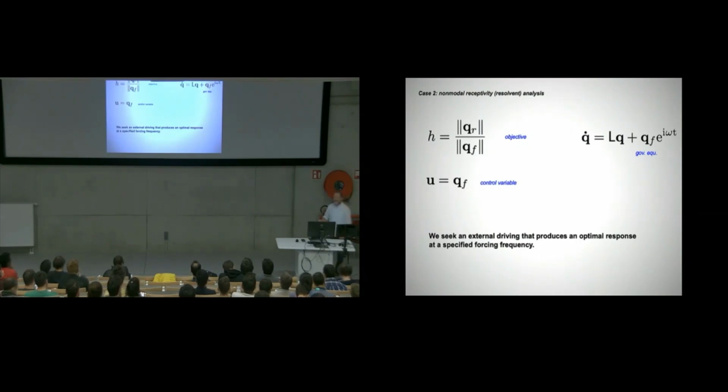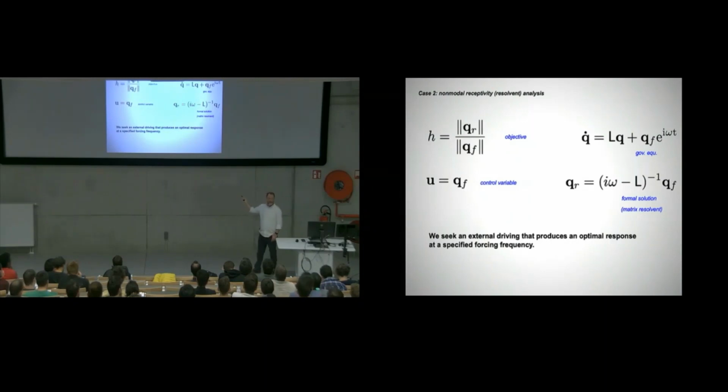It's linear and time invariant, so I can actually write down an equation that maps it directly from forcing to output. The matrix resolvent does that. Okay? So (i omega minus L) inverse maps the forcing directly to the output. So no integration there either.